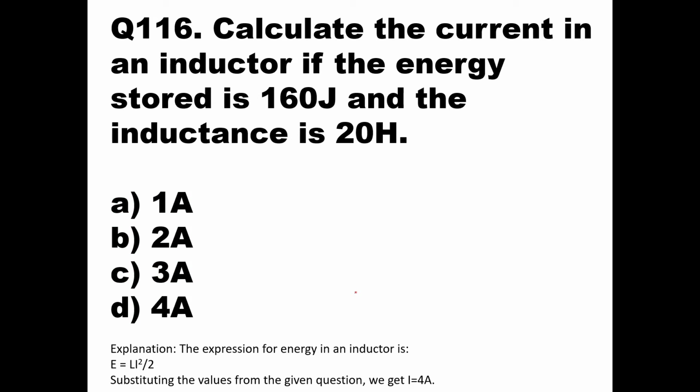Question number 116. Calculate the current in an inductor if the energy stored is 160 joules and the inductance is 20 henries. So here he has given energy is equal to 160 joules and inductance L is equal to 20 henries. Clear? Now we know from the formula that energy is equal to L I square by 2.